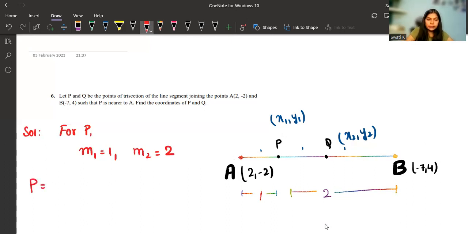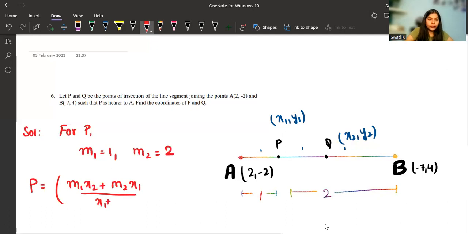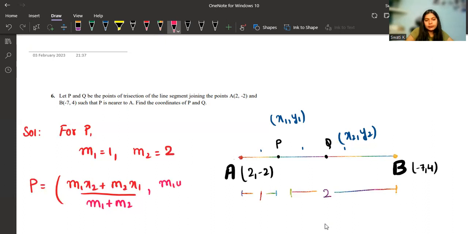P equals the coordinate of P, of course, that is M1 into X2 plus M2 into X1 upon, one second, not X1 plus X2, M1 plus M2. And then, comma, we have M1 into Y2 plus M2 into Y1 upon M1 plus M2.